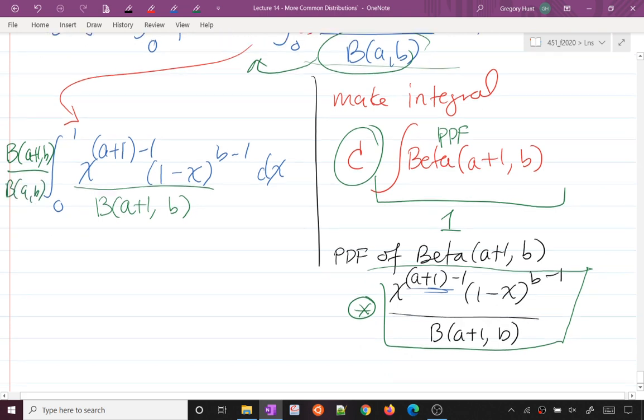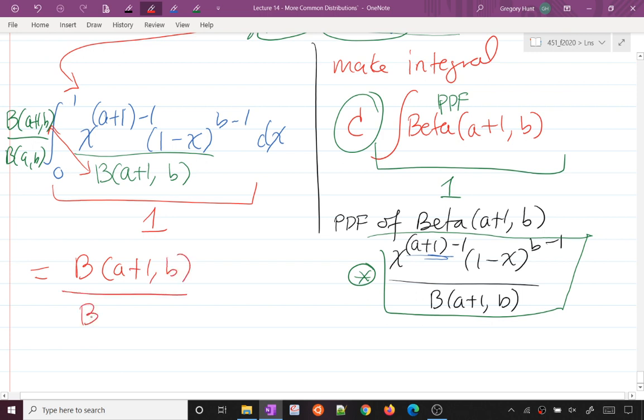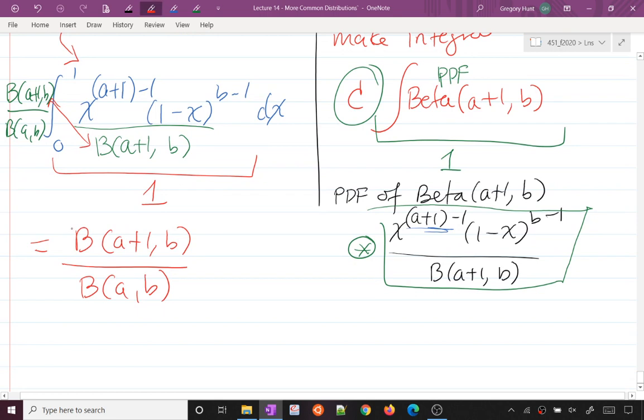I have that in the top and the bottom, so they cancel, and I have my beta of (a, b) in the bottom. So this thing obviously is the PDF of a beta(a+1, b), integrates to 1, and so overall I get beta of (a+1, b) over beta of (a, b). You could stop there. That is technically the expected value of x, but that's no fun.